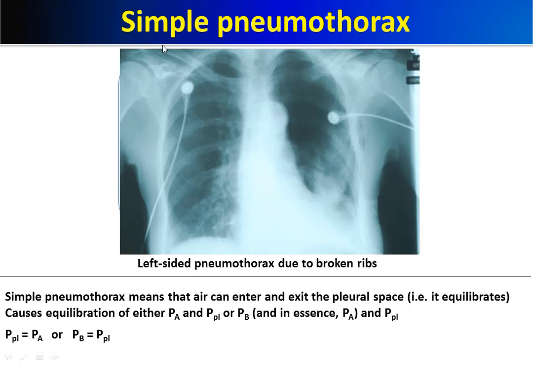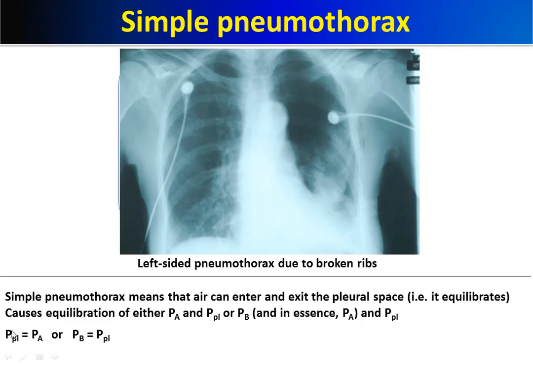Pneumothorax could be simple pneumothorax or tension pneumothorax. Simple pneumothorax means that air can enter and exit the pleural sac, so it equilibrates, and this causes equilibration of either the alveolar pressure and the pleural pressure or the barometric pressure.